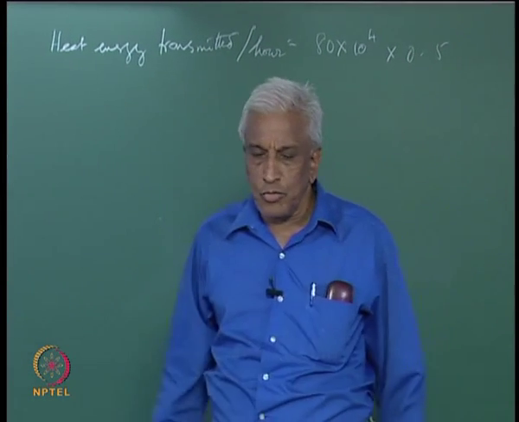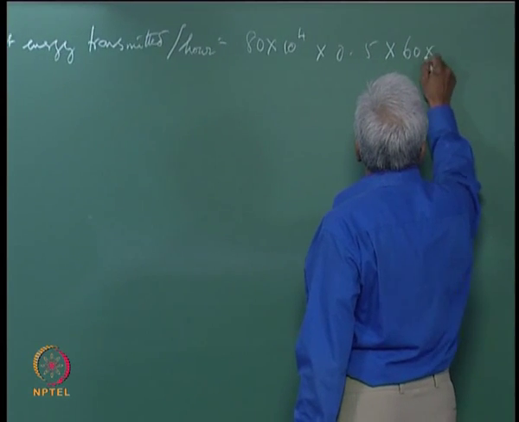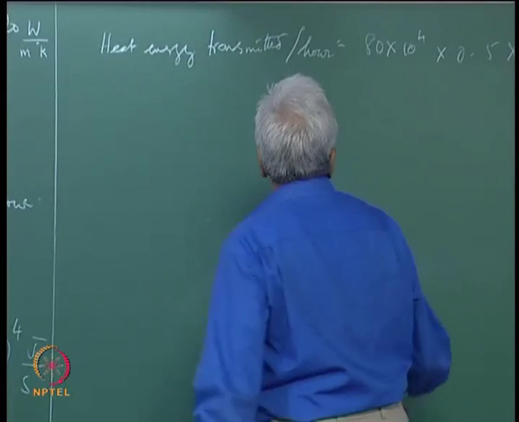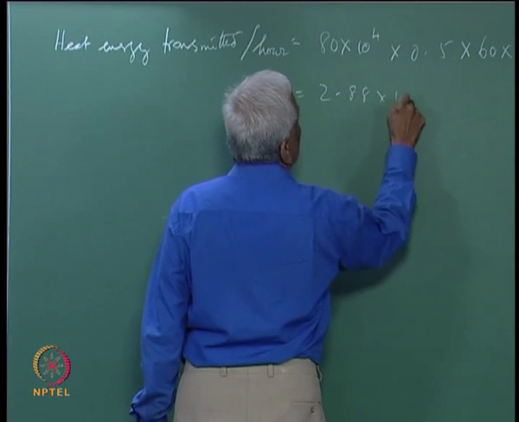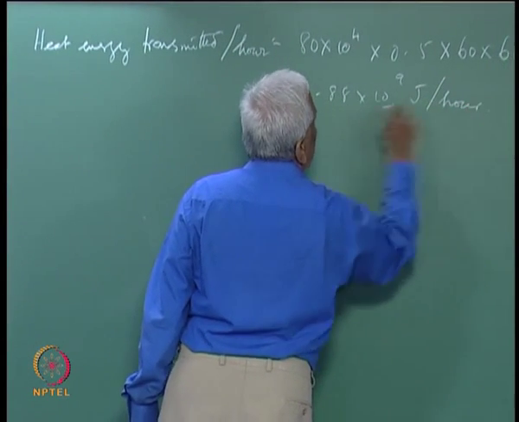So, that per second into 60 per hour, will be 2.88 into 10 to the power 9 joules per hour.